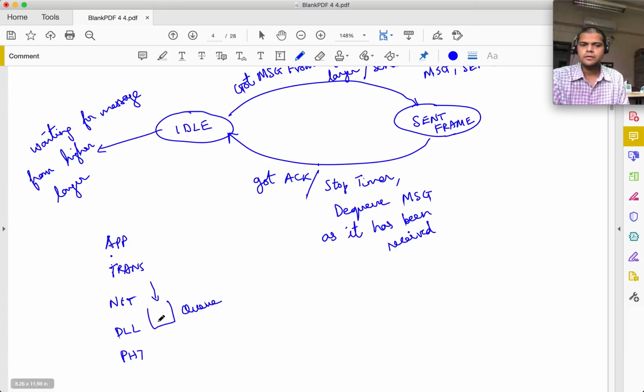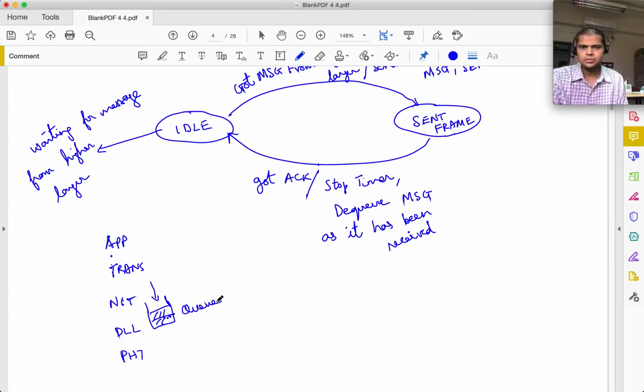Whenever you have data coming in faster than you can process, you would want to have some buffer in which to store it, and we represent that as a queue. So these are messages coming in which are stored, and we are using ARQ to send this one.